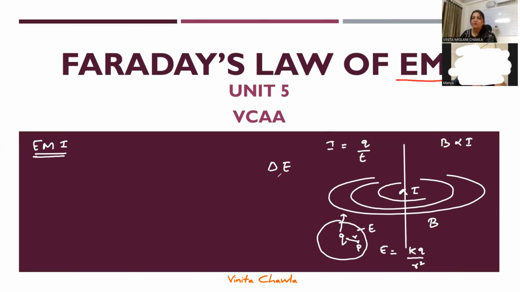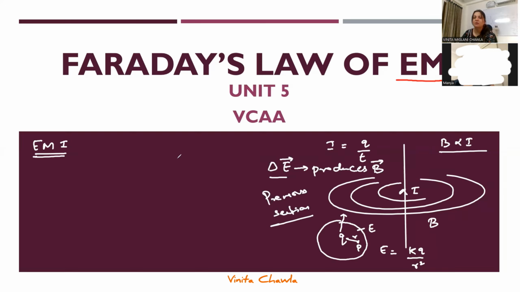So if we change the electric field intensity, then it produces magnetic field. How is the electric field intensity changed? By moving the charge. They are directly related. So change in electric field intensity produces magnetic field. This we have done in the previous section.